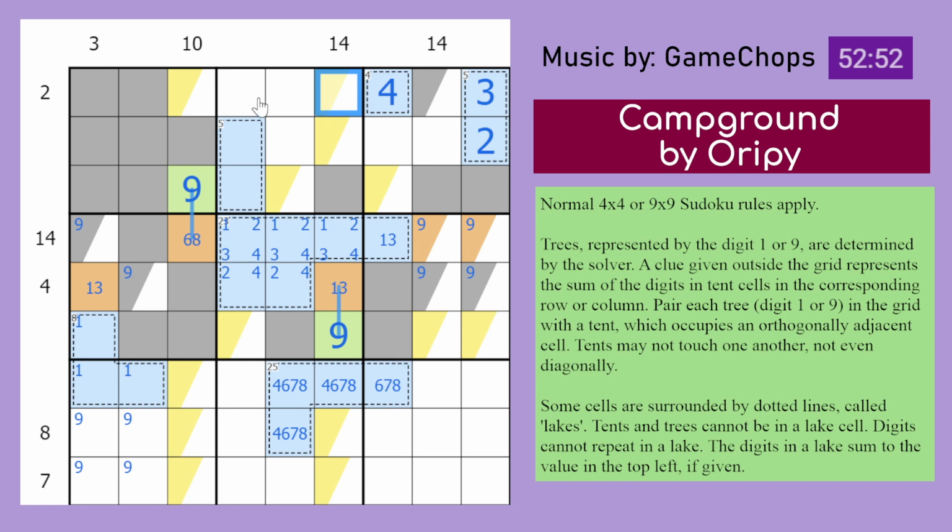If this was a tent, we know the tree has to be there, and if this was a tent, we know the tree has to be here. If that was a tent, the tree could be anywhere. Same for that. Wait a minute. Again, we know all trees in these 3 columns connect inwards.